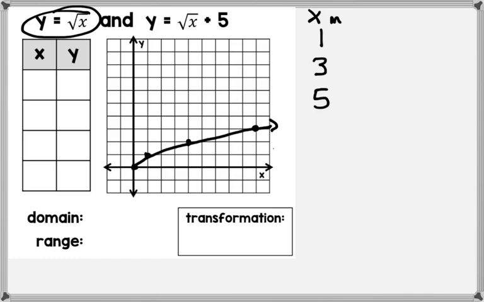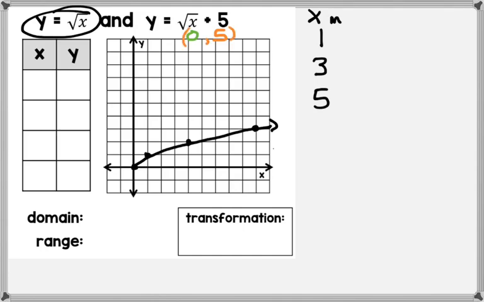Now, let's look at graphing the transformation. We are going to identify where our vertex is. That's the first step. Our h value is 0. Our k value is 5, and it was positive, so 0, 5 is where we're going to start.